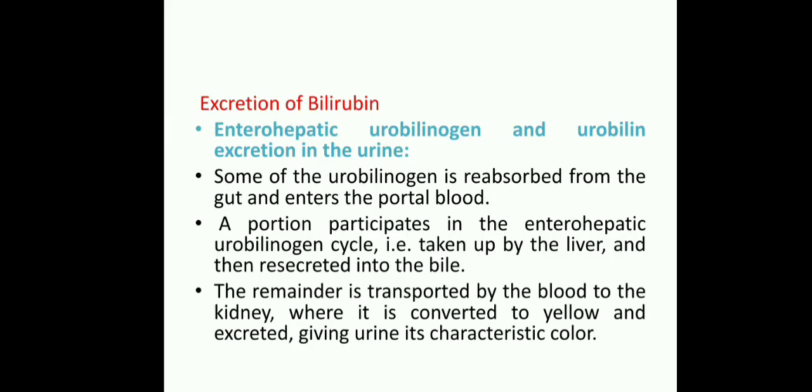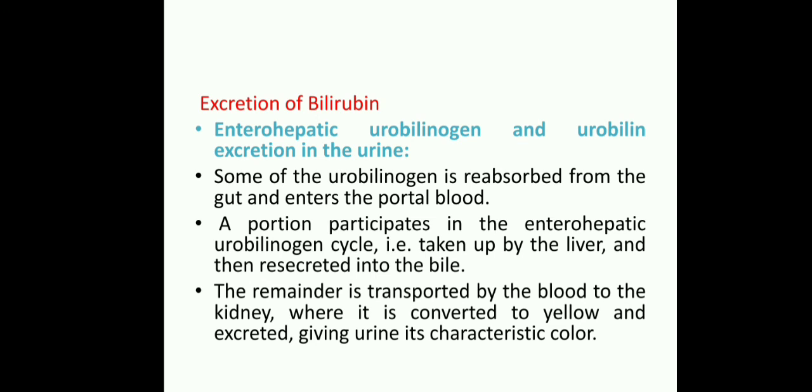Excretion of bilirubin: enterohepatic urobilinogen and urobilin excretion in the urine. Some of the urobilinogen is reabsorbed from the gut and enters the portal blood. A portion participates in the enterohepatic urobilinogen cycle, taken up by the liver and then resecreted into the bile.